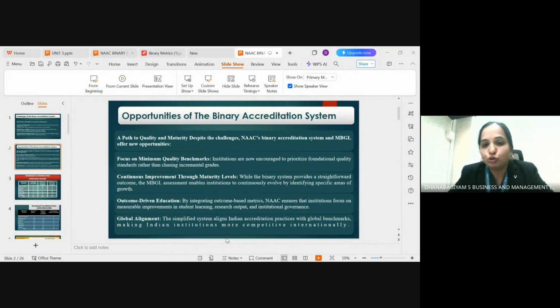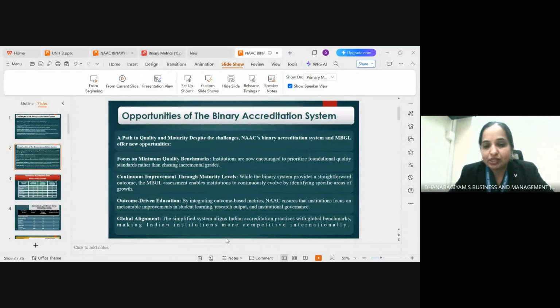To eradicate such situations, this binary accreditation is a very good process. It is quite transparent, an efficient set of metrics, and more and more effective. We don't want to go into any unfair or unethical practices, and to avoid that, this binary accreditation system helps a lot for universities and institutions.